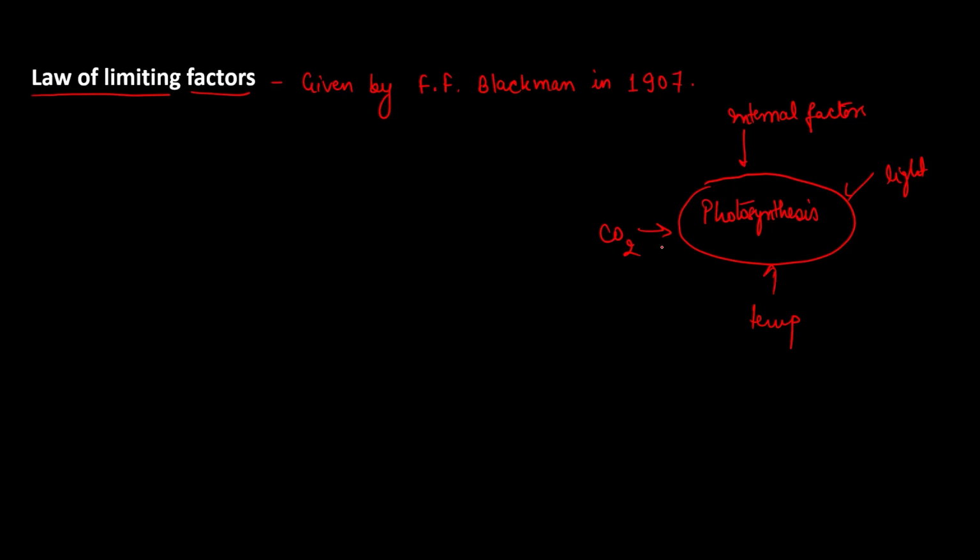Now, if there are multiple factors, then which of these factors will actually define the rate of photosynthesis, or that biochemical reaction? This law, given by F.F. Blackman, showed that out of all these factors, the factor which is lowest in concentration, or present in the least amount, actually governs the rate of photosynthesis, or the rate of any biochemical reaction.